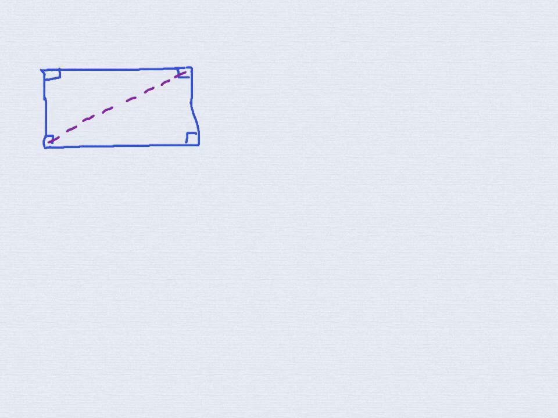So a very typical question you will see in this section will be something that requires you to apply algebra and Pythagoras together. For example, you might be told that a rectangular park has a length that's twice as long as its width.